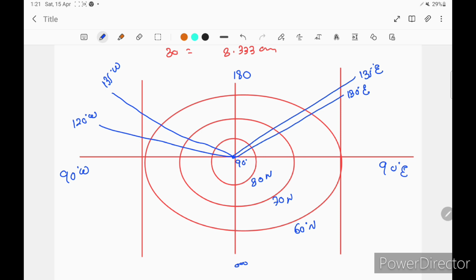Now our position is given: 60 degree north 120 degree west, from 60 degree. So this one is our 60, somewhere here.